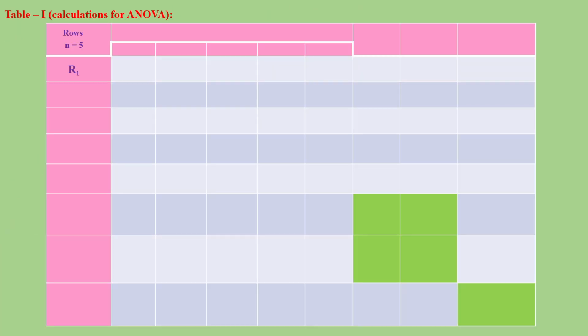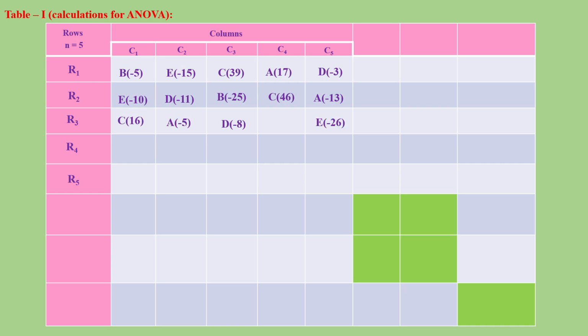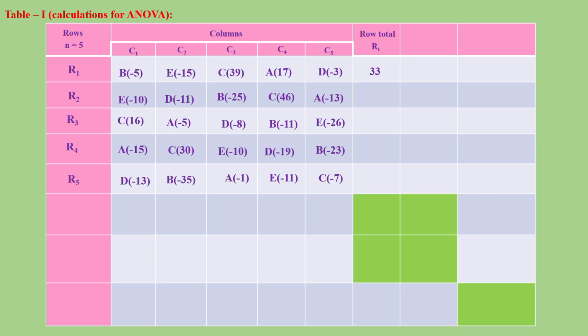So calculation for ANOVA: rows R1 to R5, columns C1, C2, C3, C4, C5. So write the given data, that is revised data after shifting the origin. Then first find the row total. First row total 33, second row total minus 13. Add the numbers in that particular row, right? So minus 66, minus 37, minus 67.